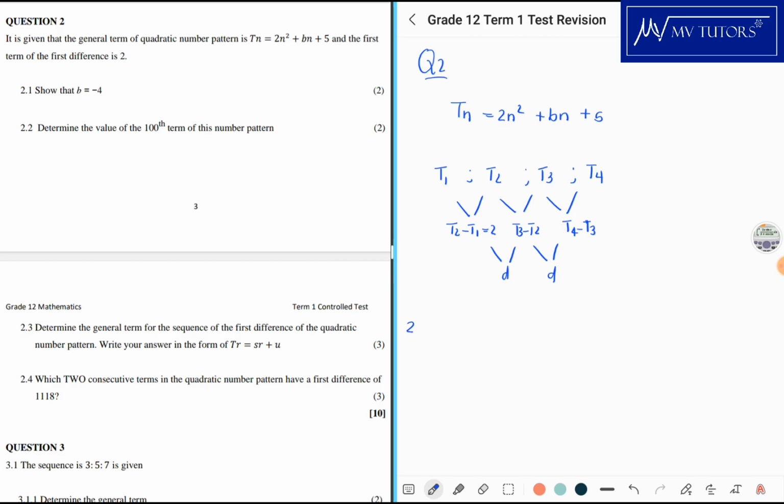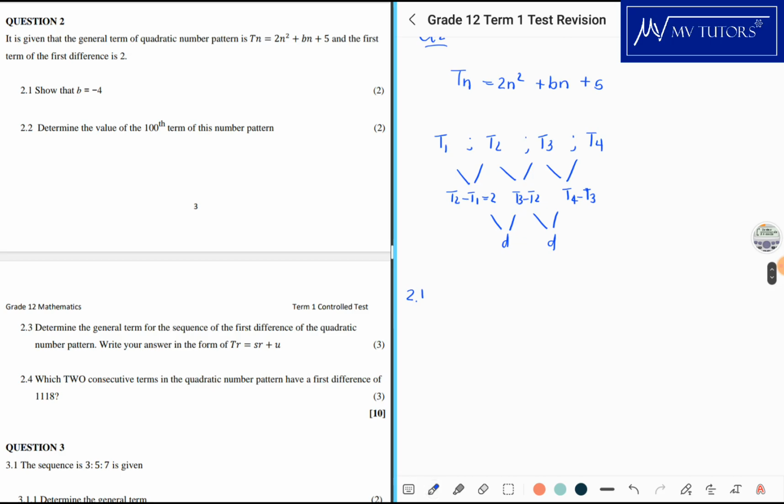Now 2.1, for 2 marks, it says, show that b is negative 4. All right, so we could do it 2 ways. If you've watched our lesson on patterns, if you look at the first diagonal, you would know that to get D, you're going to say 2a is equal to D. If you want to get the first term of the first difference, that's basically going to be 3a plus b.